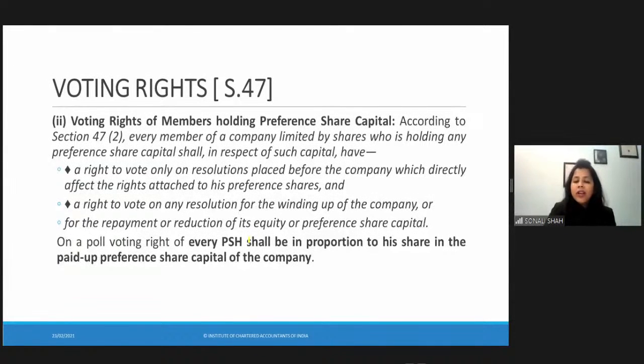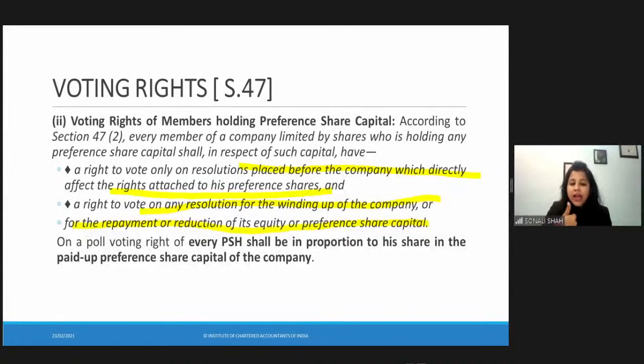Further, when you talk about voting rights of members holding preference share capital, the preference shareholders have a right to vote only on resolutions placed before the company which directly affect the rights attached to its preference shares, or on any resolution for the winding up of the company or for the repayment or reduction of its equity or preference share capital. So these are the two areas where the preference shareholder has a right to vote.